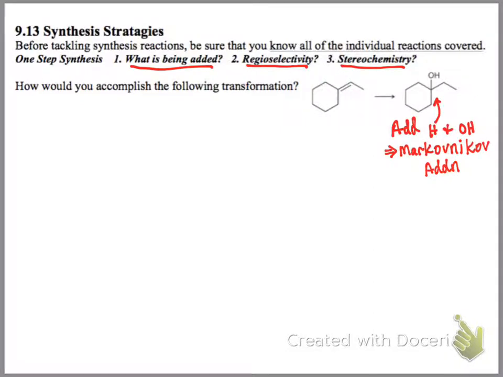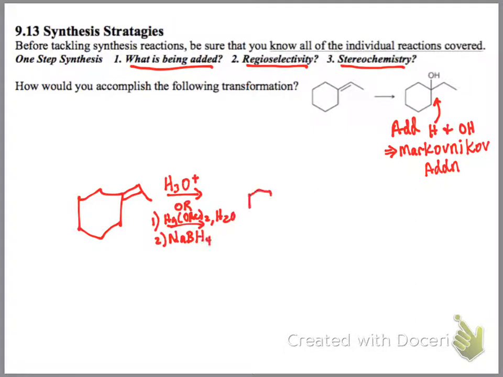Then we would go back in our memory and think about what reactions that we know will add an alcohol Markovnikov. We know two ways to do that, and I listed both of them here to cover all, because this is an explanation. If I was taking a test and had to pick one, I would pick one of these. If we add water and acid, or H3O plus, it will add Markovnikov.